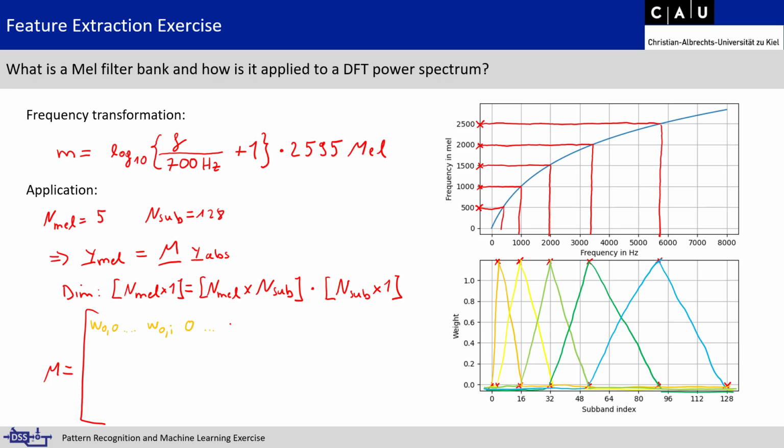And when I go to the next subband, I start with coefficients that are 0, and then at some index k, I will have non-zero coefficients. So I will have W of subband 1 at index k, and I will have non-zero coefficients up to, let's say, index L, and then I will fill the rest with zeros.